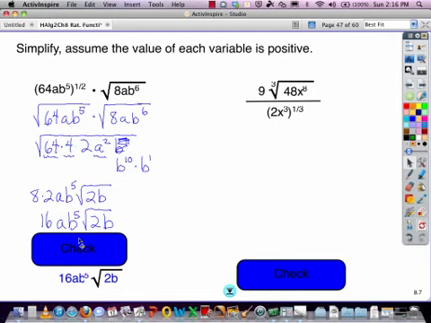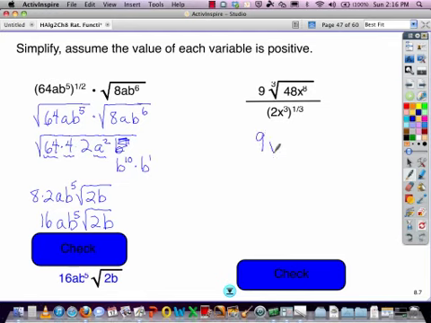Our next one, we have the same issue. It's written in power form in the denominator, just like over there, so we need to rewrite this so we're looking at the same thing. If you want to change everything to power form, that's fine. This section's more about radicals, so I'm going to stick with writing radicals.